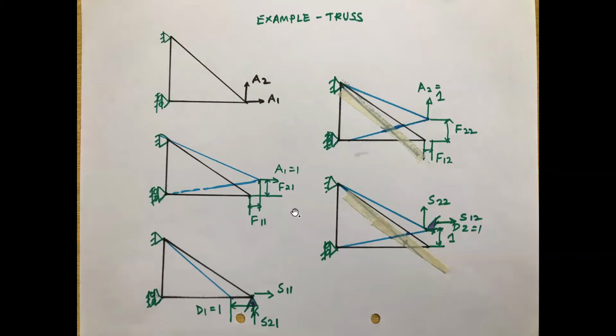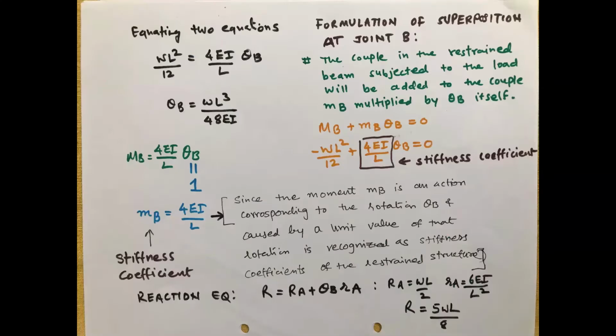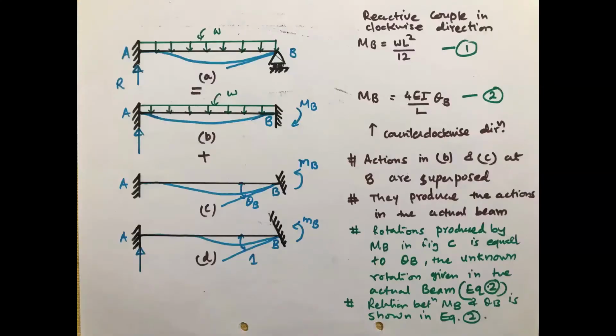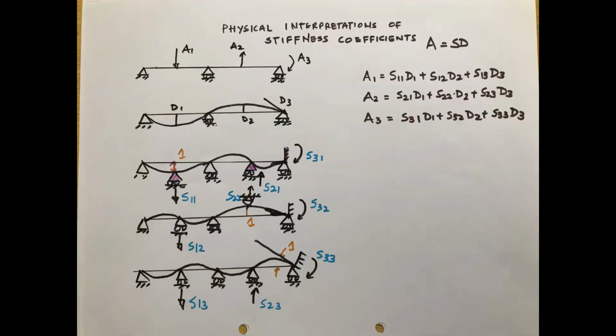And that's why, with 2 kinematic variables, there is a correlation: the size of the stiffness or flexibility matrix depends on the number of kinematic variables. So in the earlier case, suppose we were having 3, D1, D2, D3.